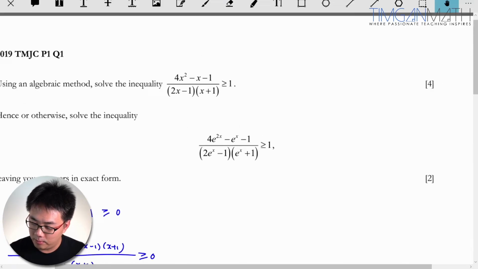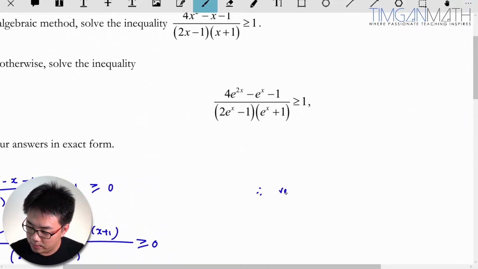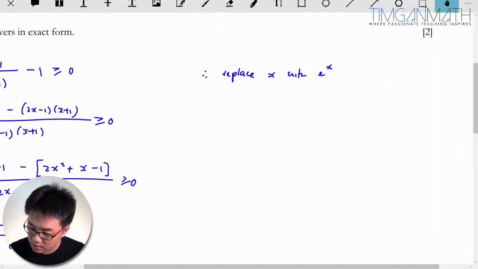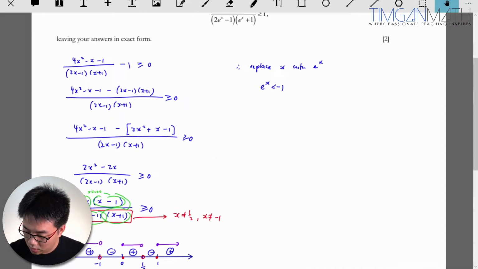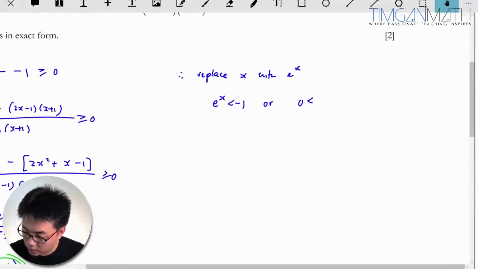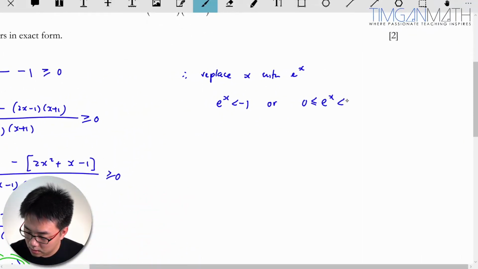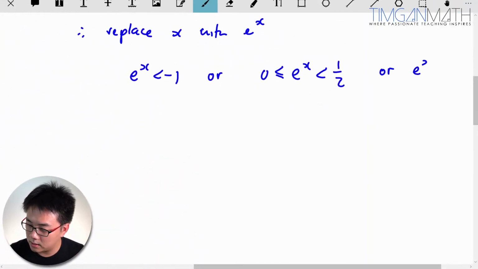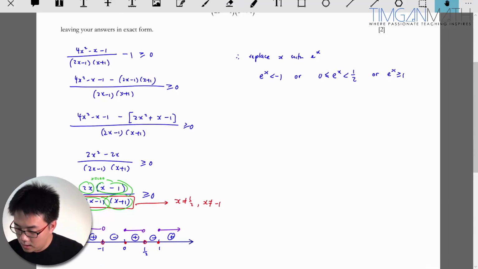Replace x with e to the x. So e to the x is less than minus 1, or e to the x is between 0 and half, or e to the x is bigger than or equal to 1.